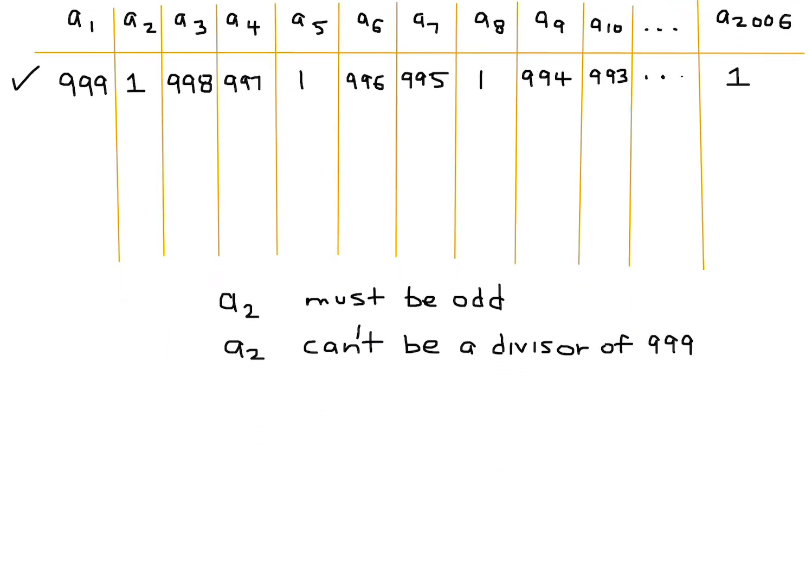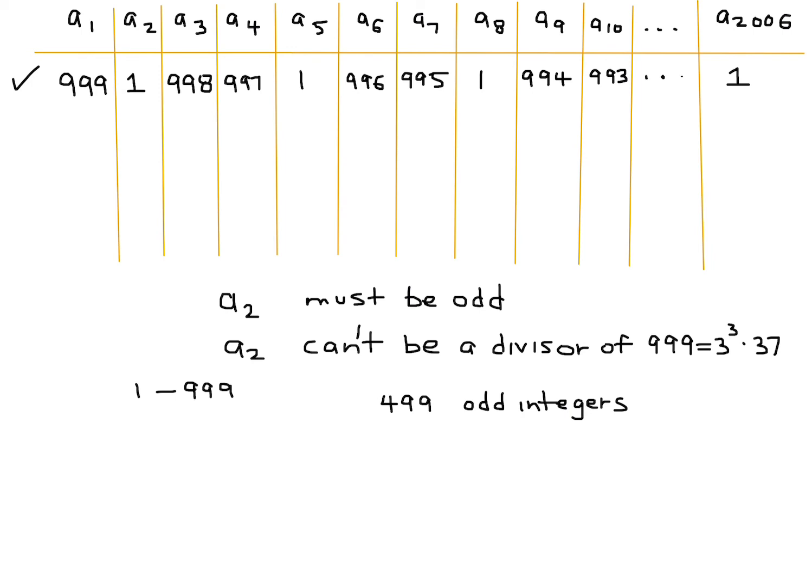Well, first of all, from 1 to 999 inclusive, how many odd integers are there? Well, 500 odd integers, though here the count used is 499. And then we have to eliminate from this all the multiples of the prime factors of 999. Well, 999 is equal to 3 cubed times 37: 9 times 37, 27 times 37.